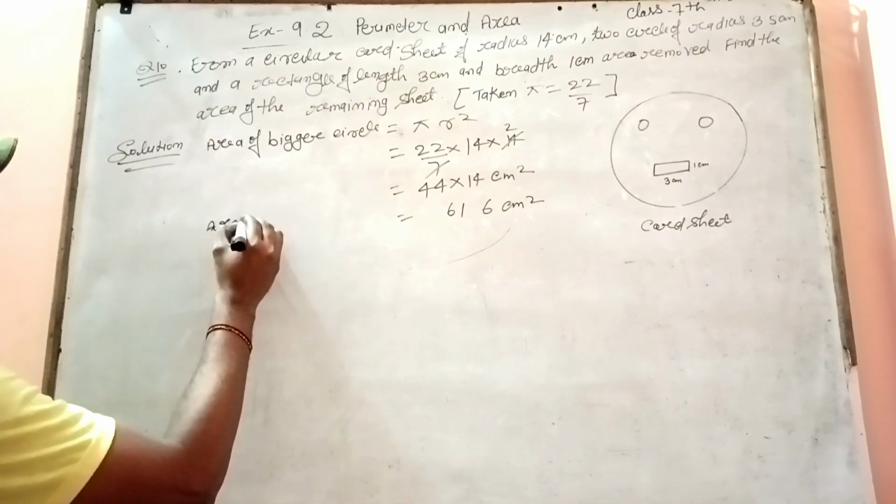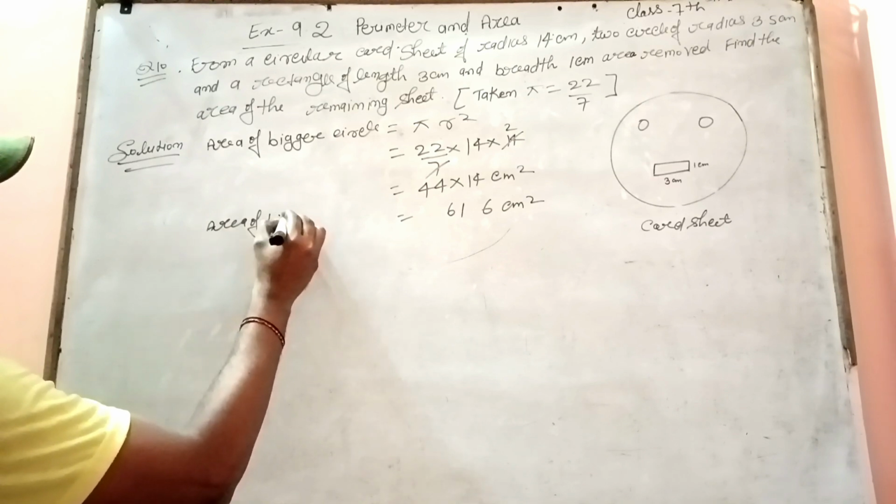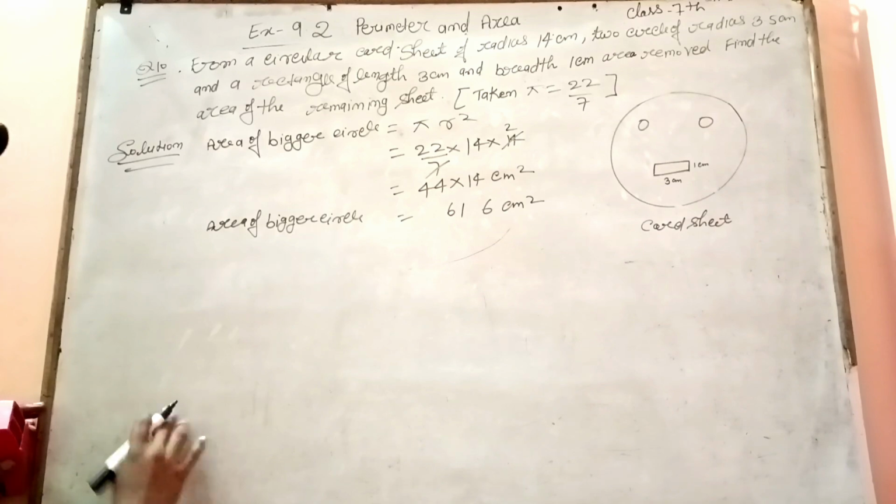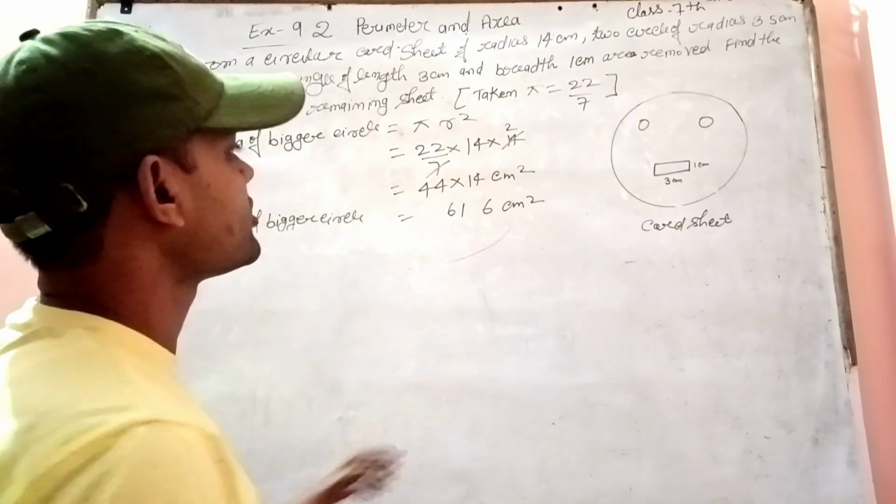Area of bigger circle is 616 centimeter square.